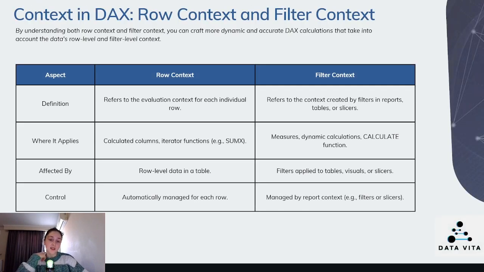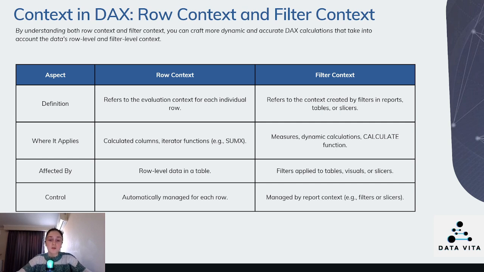In this slide, we will compare two key concepts in DAX: row context and filter context. These are fundamental in understanding how DAX formulas work and are essential when creating accurate and dynamic calculations in Power BI. Row context refers to the context where each individual row in a table is evaluated.